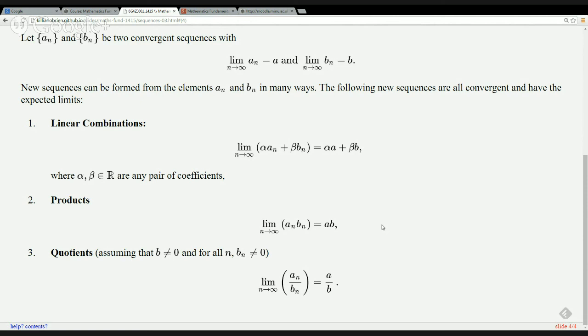Now the problem is, I'm trying to make the whole thing small, but there's this thing in the denominator. If I'm trying to make the whole fraction small, what could cause me problems is if the quantity in the denominator itself gets small. If the denominator of a fraction gets small, that forces the whole fraction to get big.